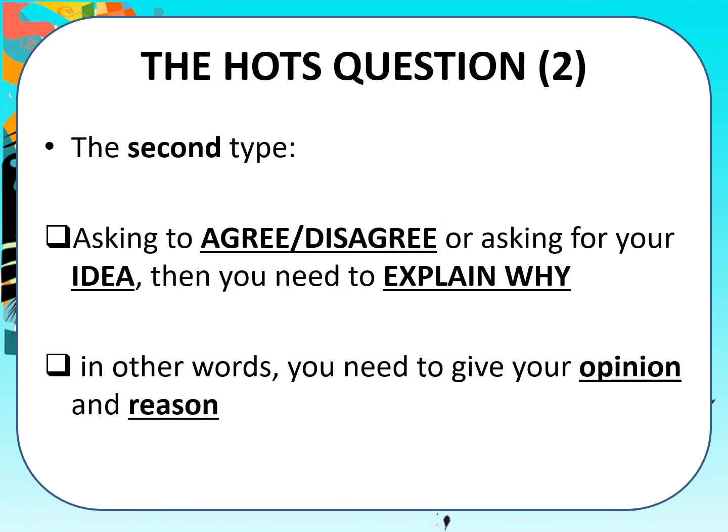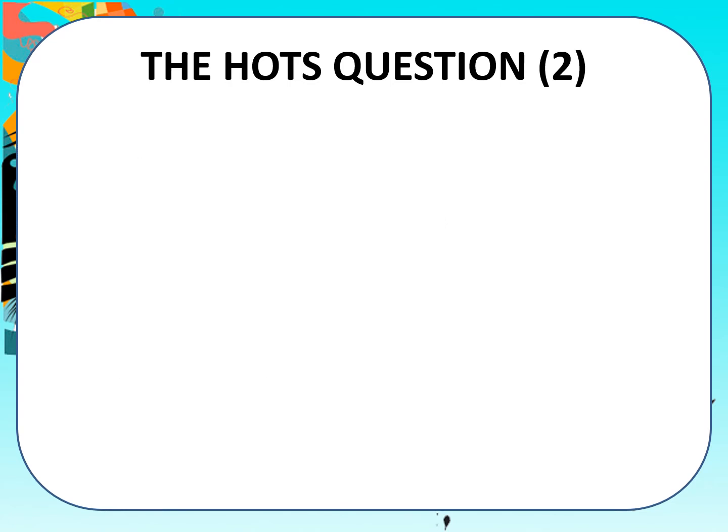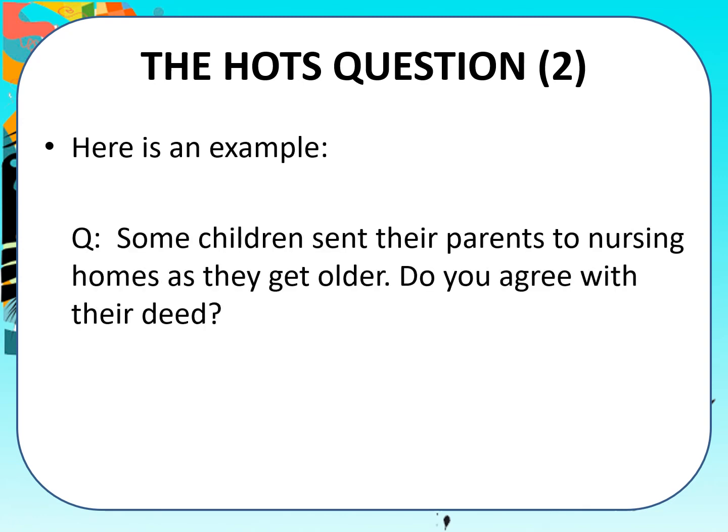Let's look at some examples. The first example: some children send their parents to nursing homes as they get older. Do you agree with their deed? You see here, the question asks, do you agree with their deed? Meaning to say, this question is asking for your opinion, whether you agree or disagree.